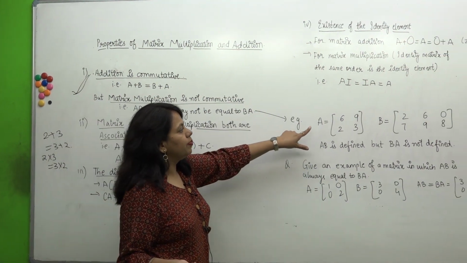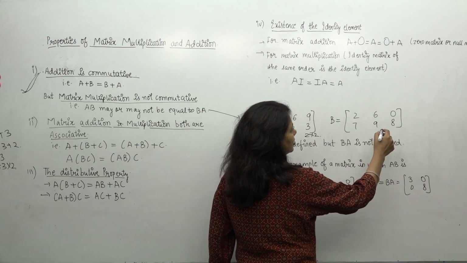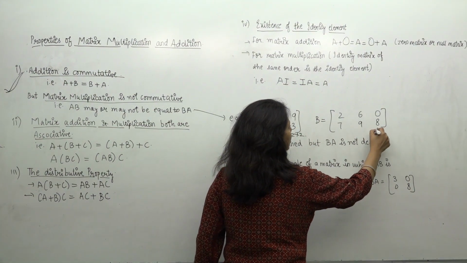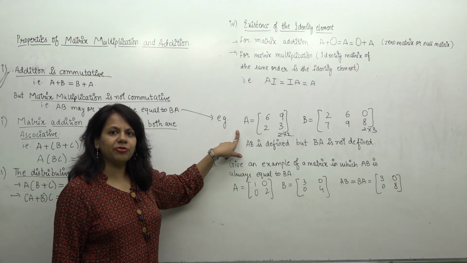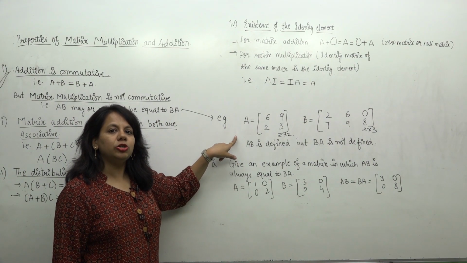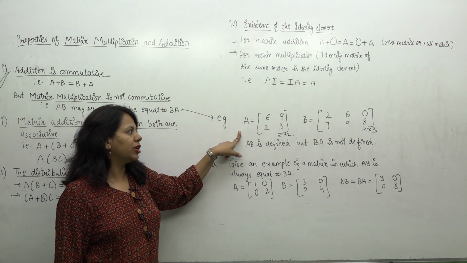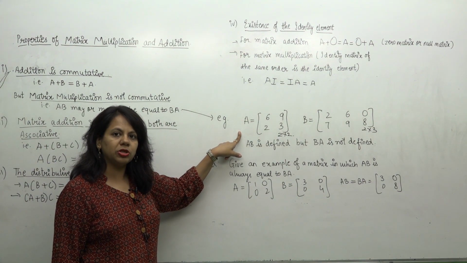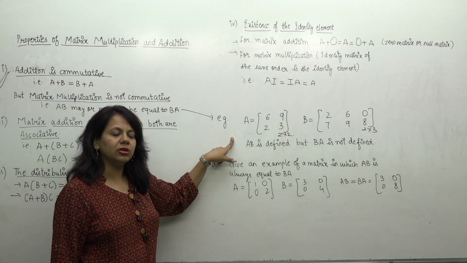For example, here A is a 2 into 2 matrix, and here B is a 2 into 3 matrix. So here if you see, AB is defined but BA is not defined. I can perform AB, I can get AB as a 2 into 3 matrix, but BA is not possible in this particular case.